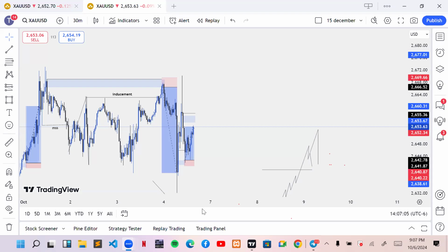Why is someone asking me what a valid resistance level and a valid support level is in a beginner class? Someone is supposed to be asking questions regarding inducement, market structure, and this thing. This is not a class for beginners.